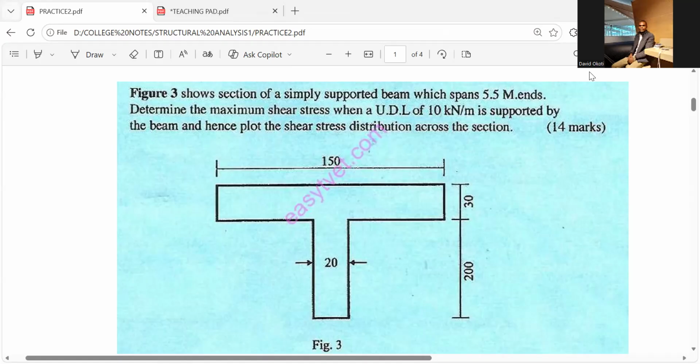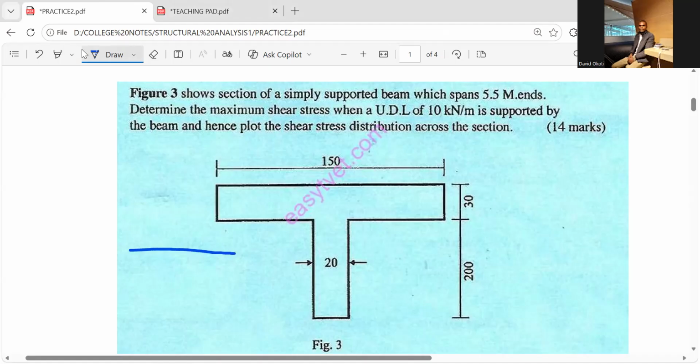As I told you, the very first thing you need to do is, for this case, we can sketch, then use the different side. We can come here and sketch our simply supported beam carrying a UDL.